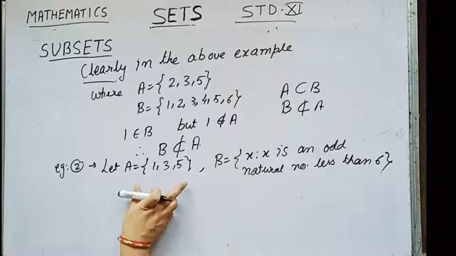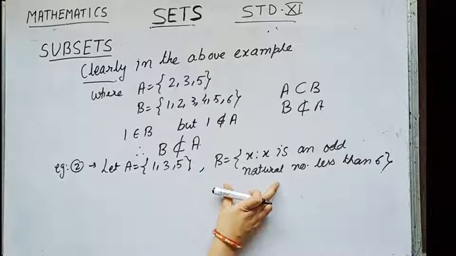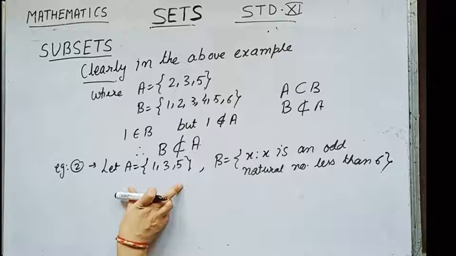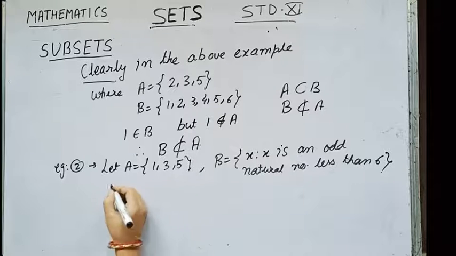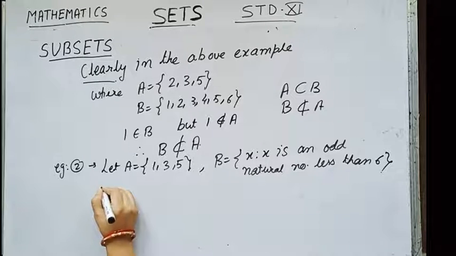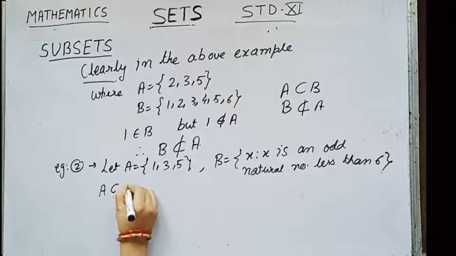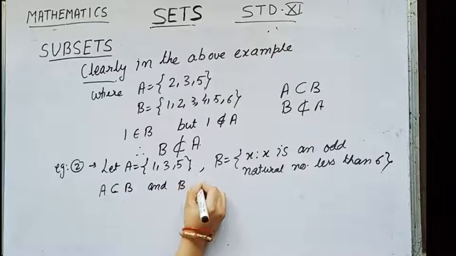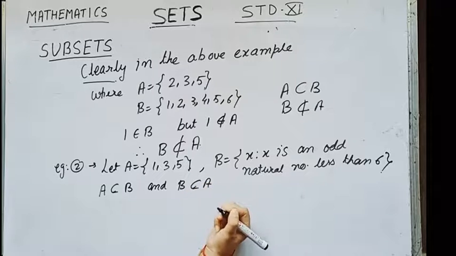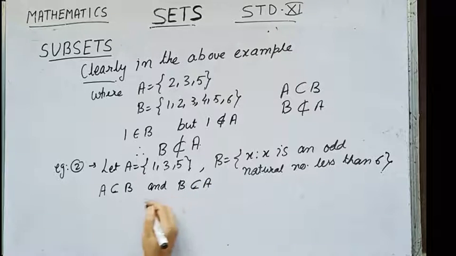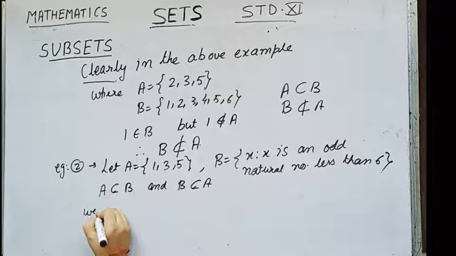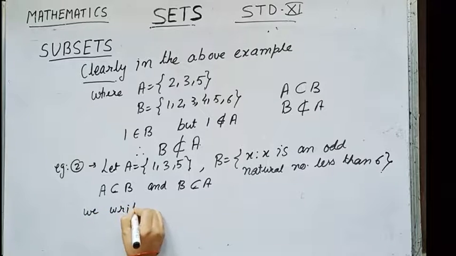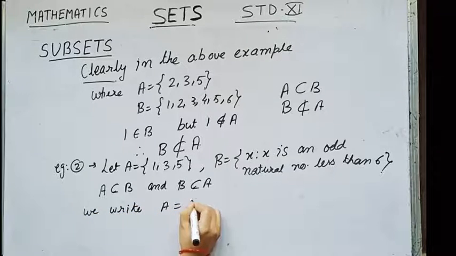That is, elements of A are contained in B and elements of B are contained in A. So in this case we can say A is a subset of B and B is a subset of A. If such a condition is there, we write A equals B.